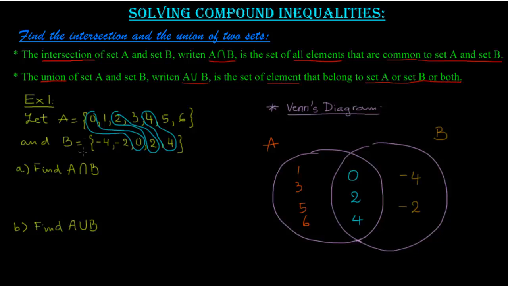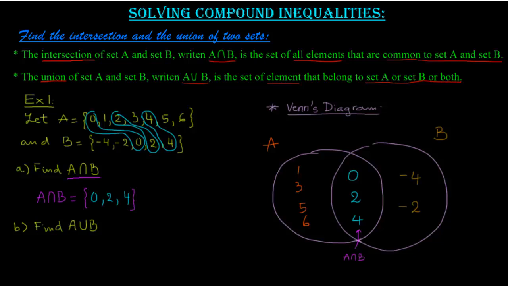In problem A, they give you A intersect B, which is right here in the middle. So A intersect B equals the set 0, 2, 4. This is my answer for A intersect B.